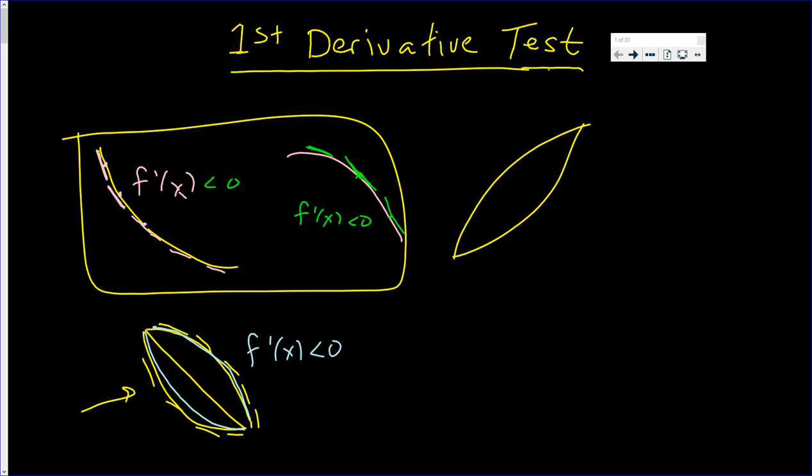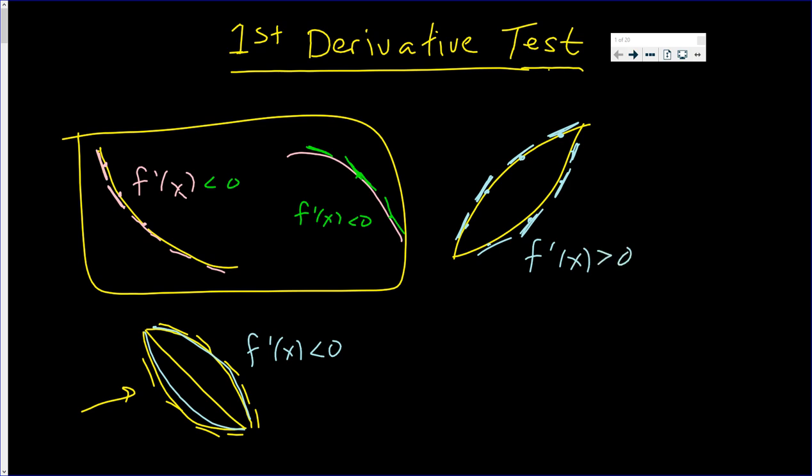Over here, at that point, the slope is positive. On the curve below, the slopes of the tangent lines are all positive. f prime of x here is positive.